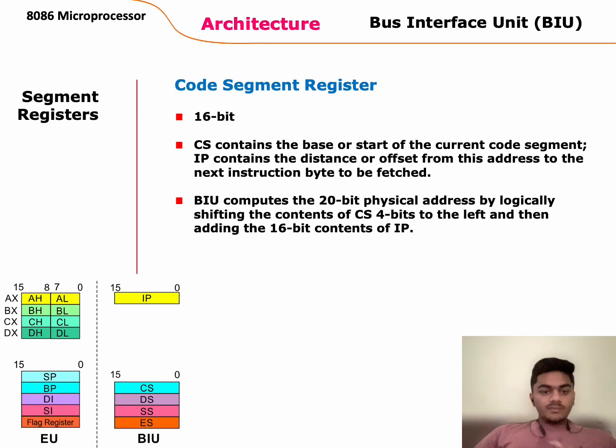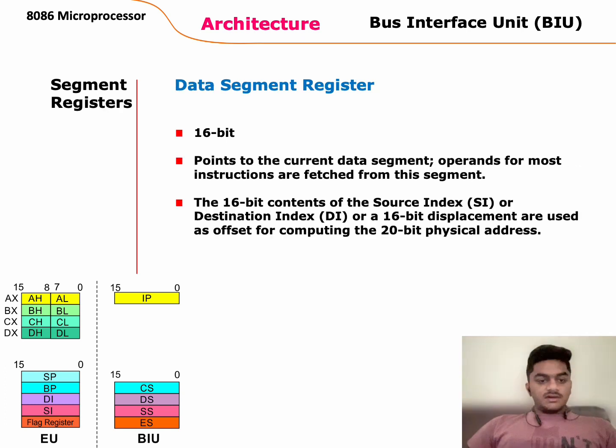CS contains the base of the start of the current code segment, and IP contains the distance or offset from this address of the next instruction byte to fetch. The bus interface unit computes a 20-bit physical address by logically shifting the content of the CS 4 bits to the left and then adding the 16-bit contents of the IP. This is what the code segment register is for.